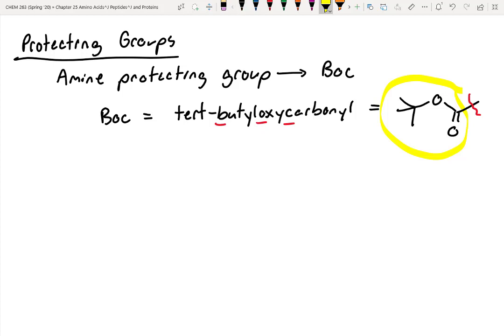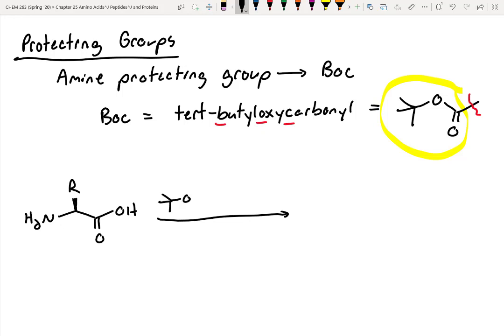So let's take a look at what happens if we want to install this BOC protecting group. What we do is we take our amino acid, or really any amine for that matter, and we have to react it with a specific reagent in order to get the BOC group on. In fact, there's a couple different reagents. I'll show you the most common one though. But it's BOC anhydride.